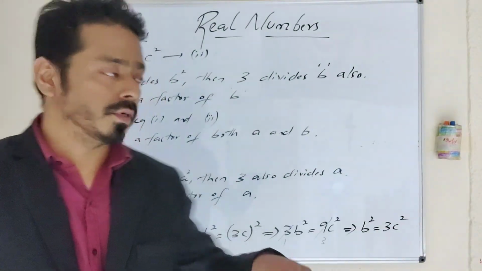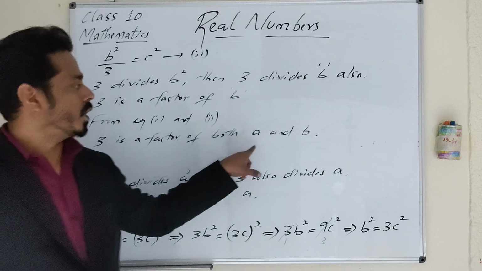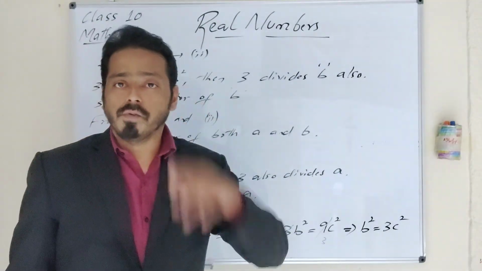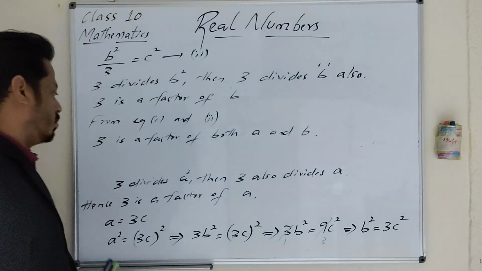Now in the beginning we considered a and b to be co-prime numbers, but here we get 3 as a common factor of a and b. It means our assumption that a and b are co-prime is not correct.